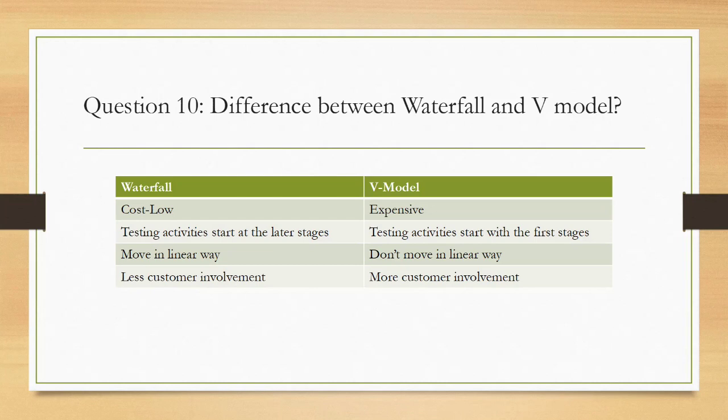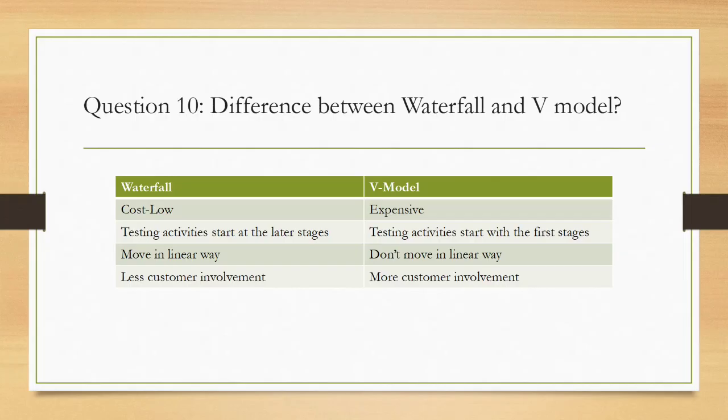Like waterfall model and V model, both the models come under sequential only, because they are following the guidelines of the sequential. Okay. And a few changes are there, like waterfall will be low cost, and V model may be expensive. In waterfall, testing activities start at the latter stages, and in V model testing activities start in the first stages only.